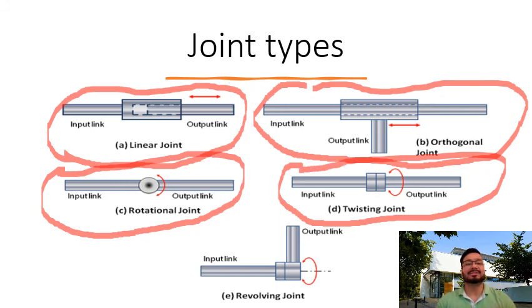And the last joint is called the revolving joint, or type capital V joint, from the V in revolving. In this joint type, the axis of the input link is parallel to the axis of rotation of the joint, and the axis of the output link is perpendicular to the axis of rotation. And this is the last one.